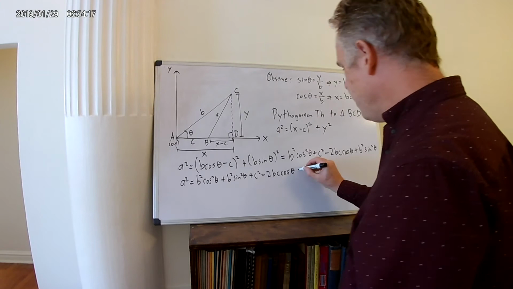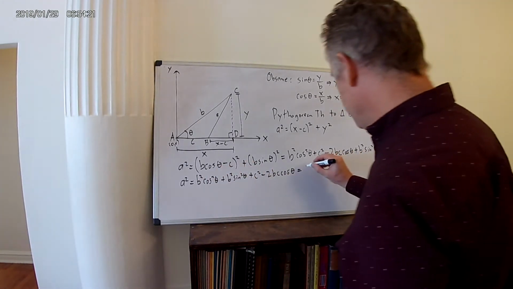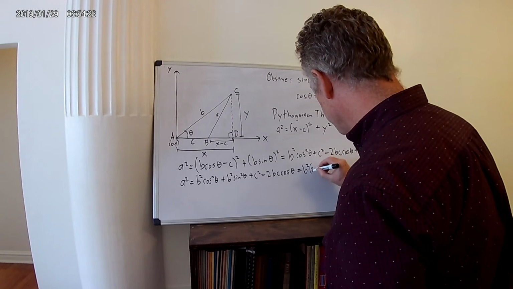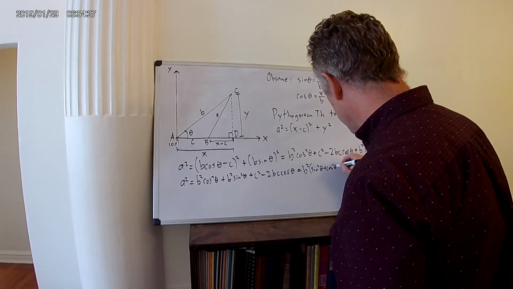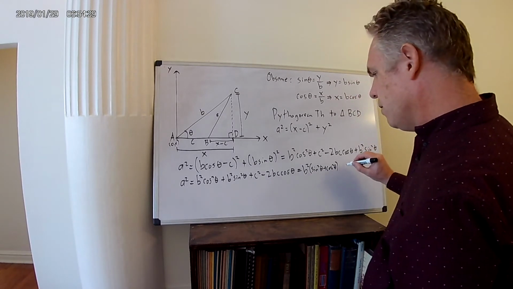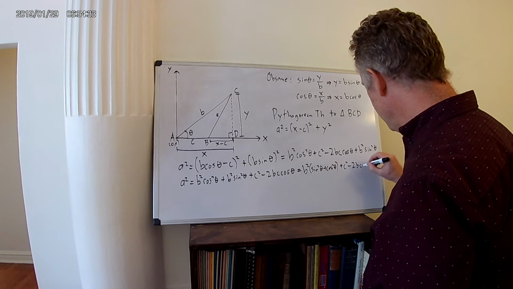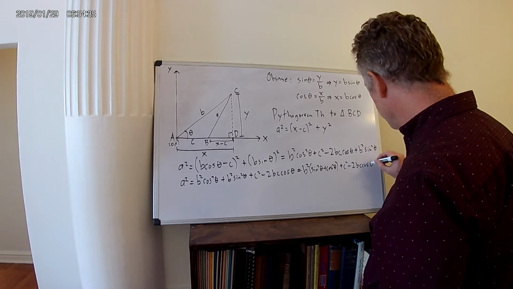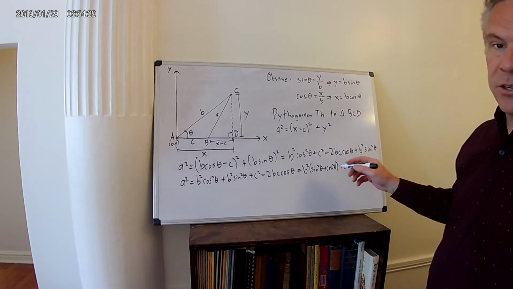Okay. And then what I'm going to do is factor out a b squared here. And so this turns into b squared times sine squared of theta plus cosine squared of theta, plus c squared minus 2bc cosine of theta. Now here, we know what this is.